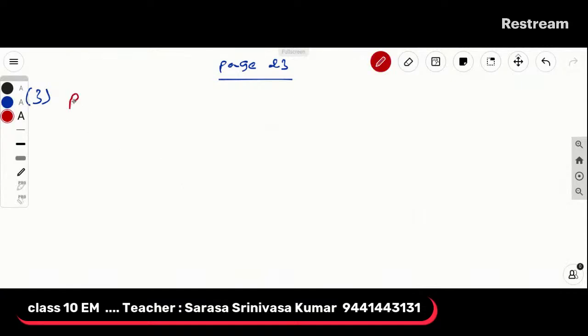Prove that 2 root 3 plus root 5 is an irrational number.